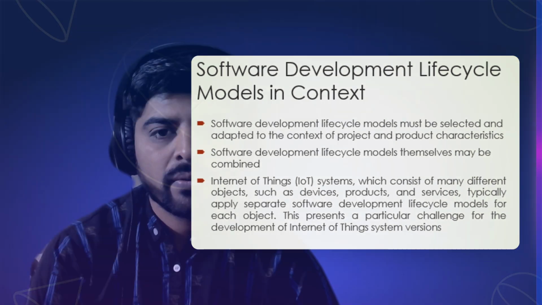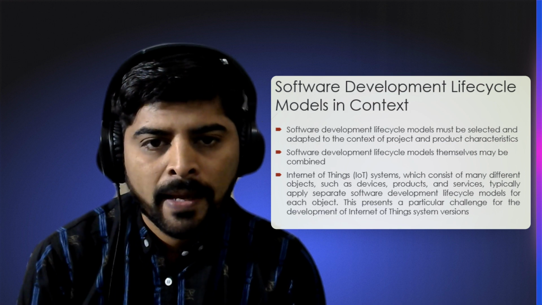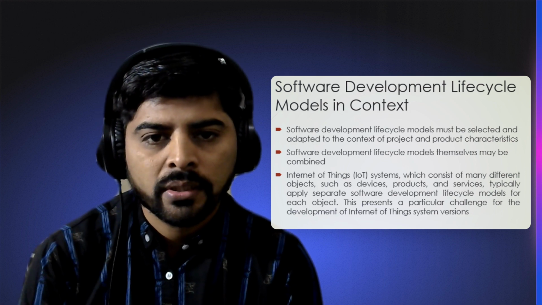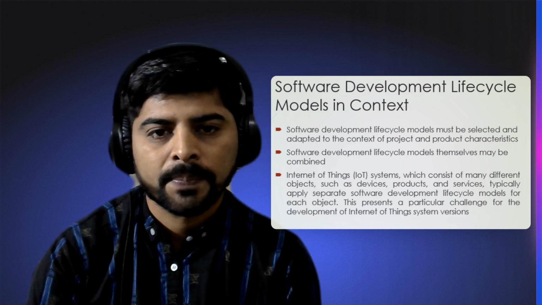Software development model context is very important when we are choosing any software development lifecycle model for our project. We should keep the context in mind. The software development model must be selected and adapted to the context of project and product characteristics.